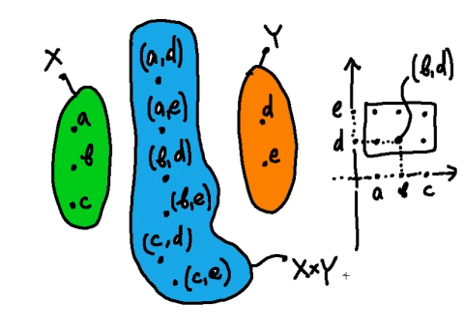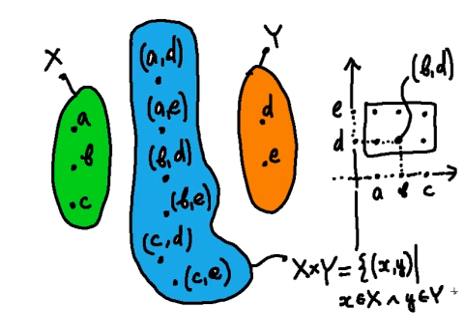More generally, we can write out this set as the set of all ordered pairs (x, y) such that small x belongs to capital X, and the small y is an element of capital Y. So this is the general definition, and what we see here, the blue set, is a specific Cartesian product when X and Y are the specific sets displayed by the green and the orange areas.